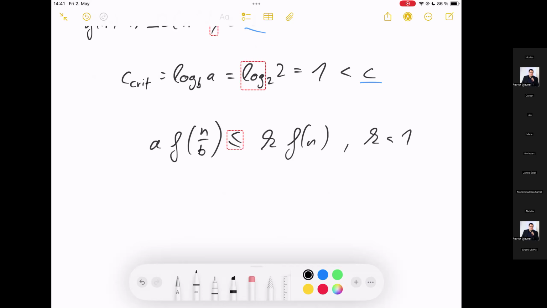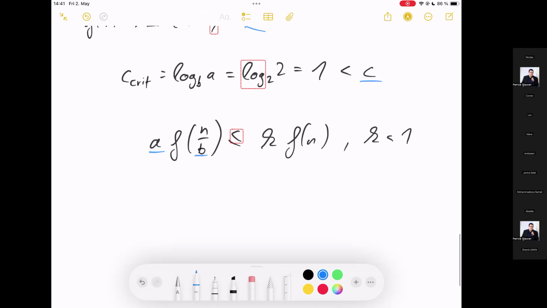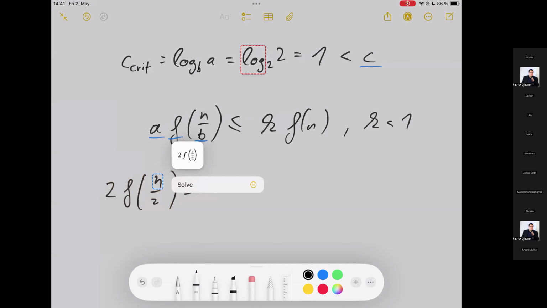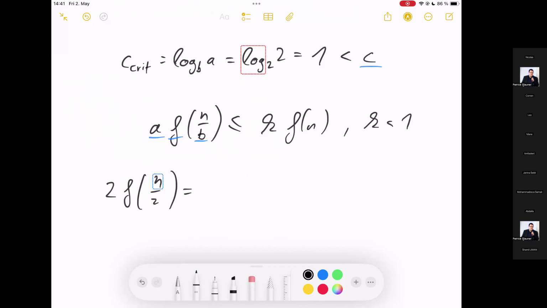So let's see if we can fulfill this. Remember, a is 2, b is 2, and our f is just n squared. So we can just plug all of this in. We can say 2 times, so a is 2, f of n divided by 2. So we just plug n squared into f.